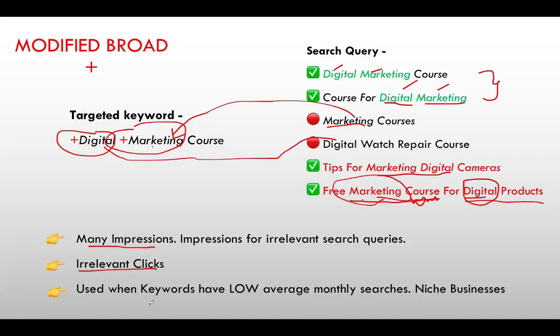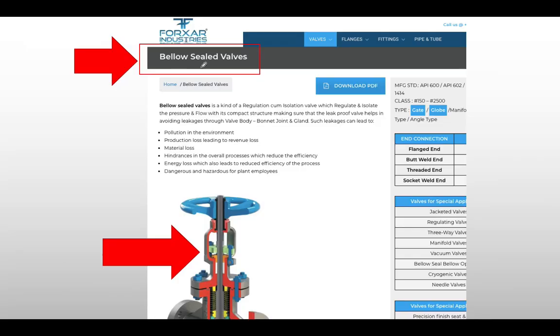Okay, so for businesses like bellow sealed valves, not many people go to Google and search for bellow sealed valves, right? So for such businesses like bellow sealed valves, electroplating services in Mumbai, we usually prefer modified broad match as the match type.